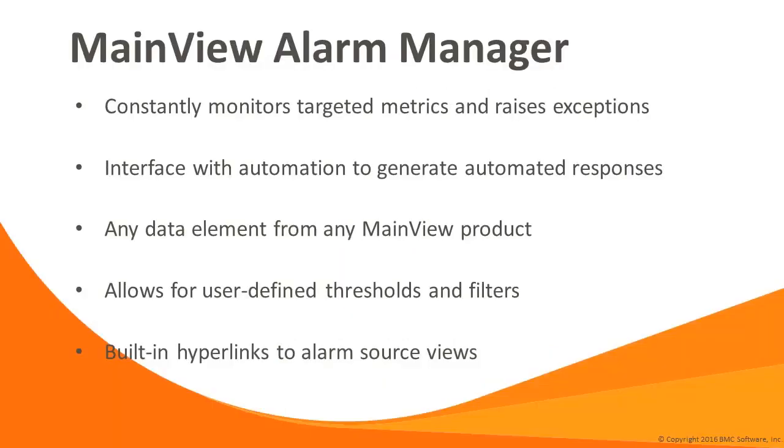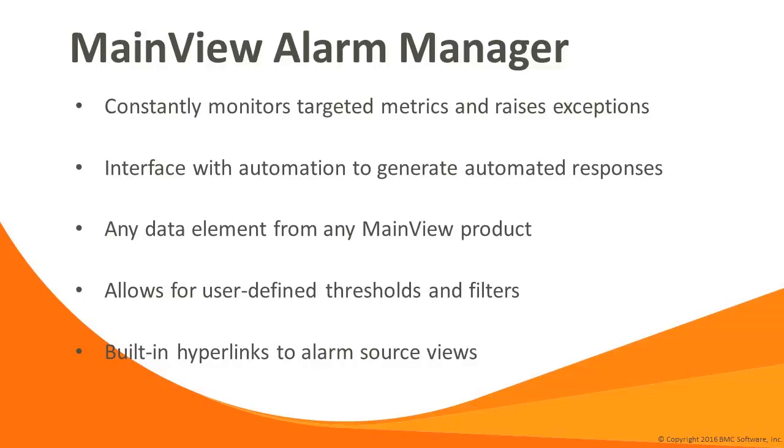MainView Alarm Manager is a powerful feature of the MainView infrastructure and comes free of charge with any MainView monitor. Alarm Manager delivers the ability to monitor identified metrics continuously in the background and generate exceptions when thresholds are reached. Alarm Manager can interface with automation for additional actions.